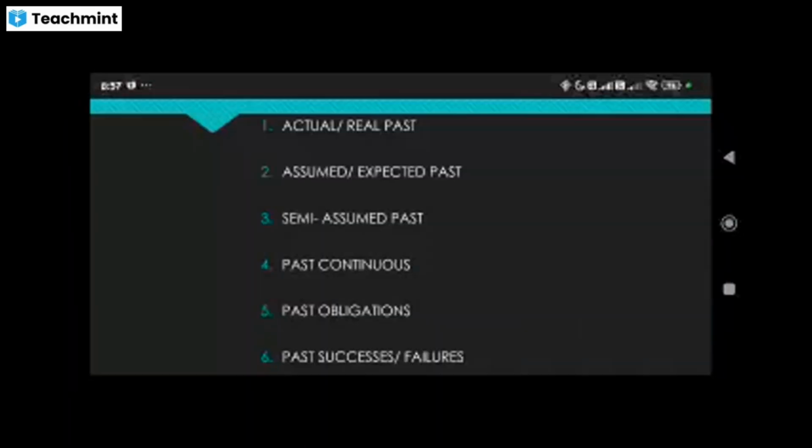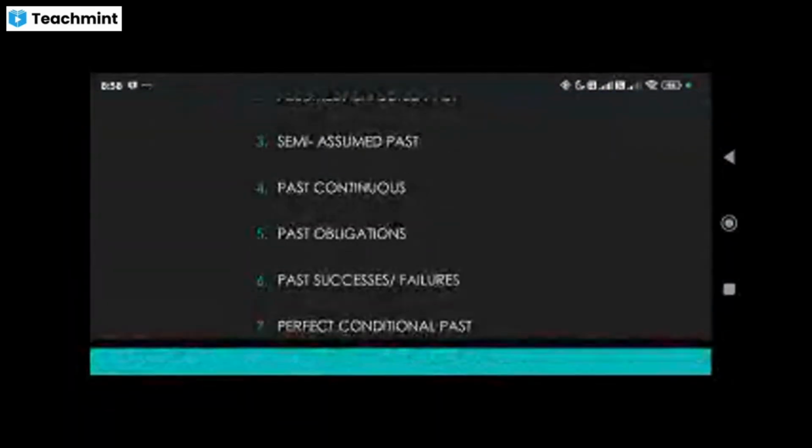Past abilities, inabilities are also there. And past perfect condition, so hypothetical past is also there. There are totally 9 categories. Of course, I have written only 7 categories here, but 9 categories of past. If you want to master the past, you must master all the 9 different categories of past actions.